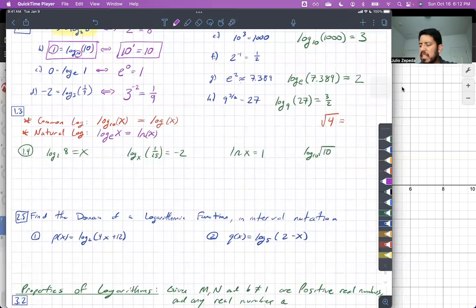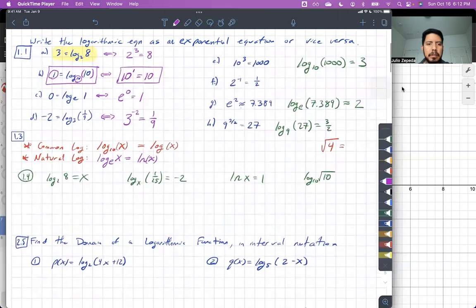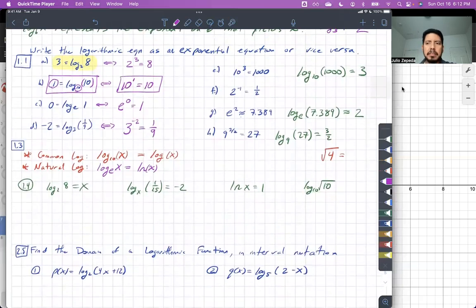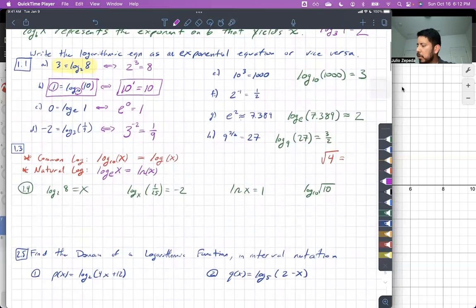The ln is for log naturel in French, so that's why it's flipped, but it's pronounced the natural log, ln of x. And so actually in example part G up here, we could go back and say that log base e of 7.389, we could write it as ln of 7.389 is approximately equal to 2.